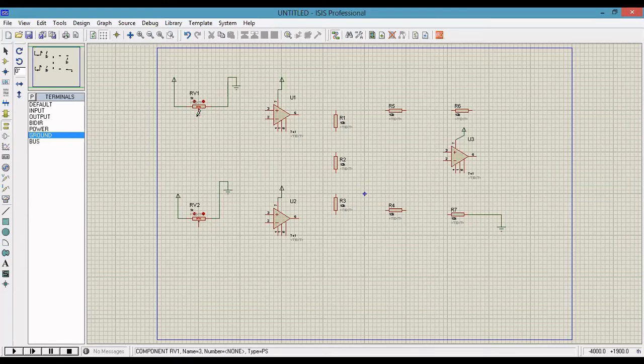Next, first input V1 is given to pin number 3. Second, V2 is connected to pin number 3.